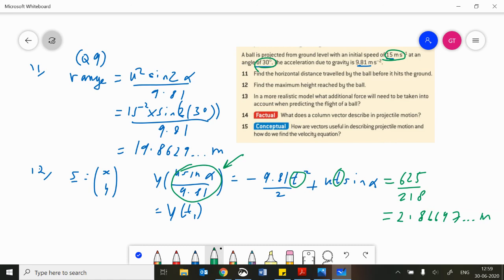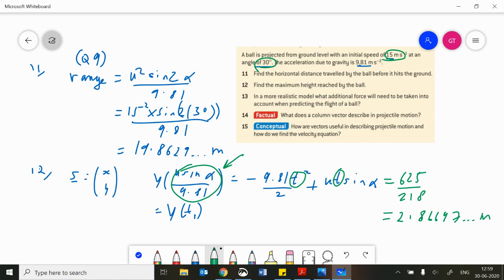A column vector could be for the velocity, it could be for the displacement, it could be for the acceleration. But in each of those cases, it's splitting things down into, for example with displacement, X displacement and Y displacement. So it's splitting it into two components in the two directions.